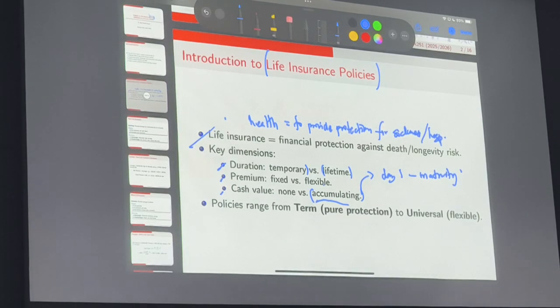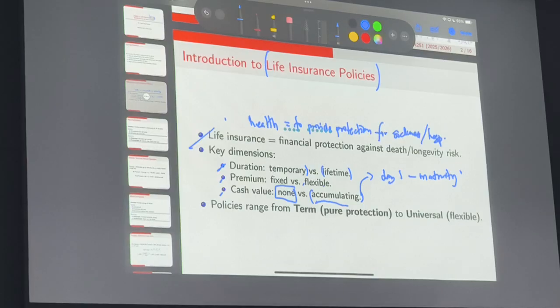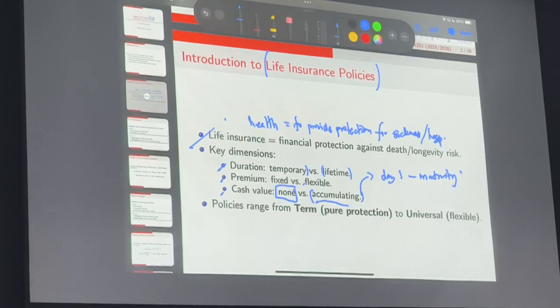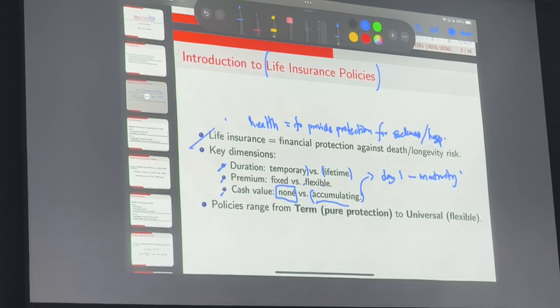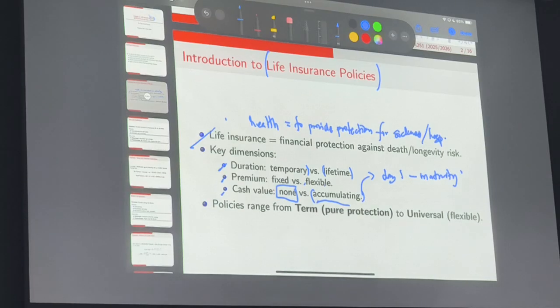Okay, or there is no cash value at all. So these are all the dimensions that differentiate life insurance policies. So the policies range from term, which is pure protection, to universal, which is flexible.